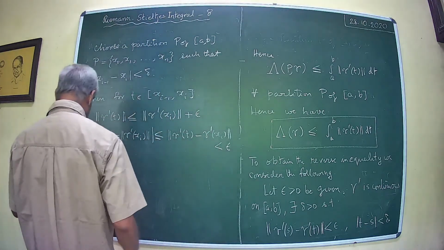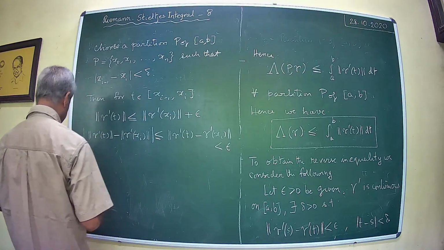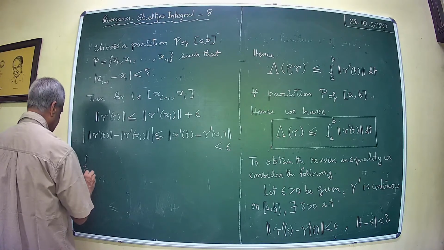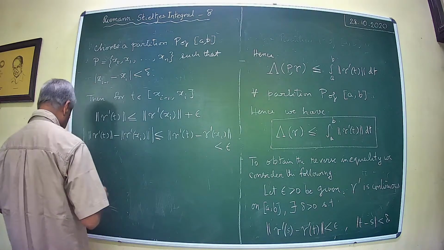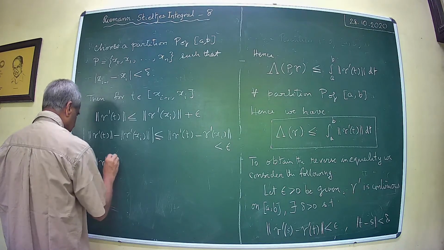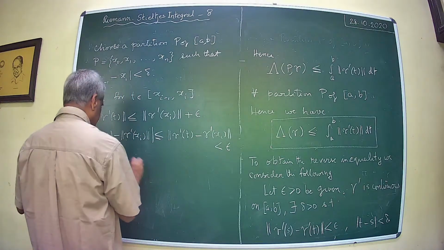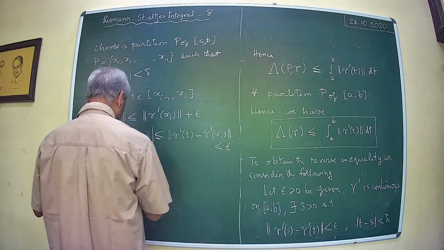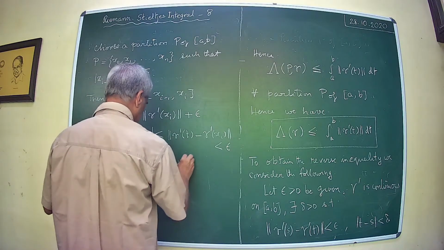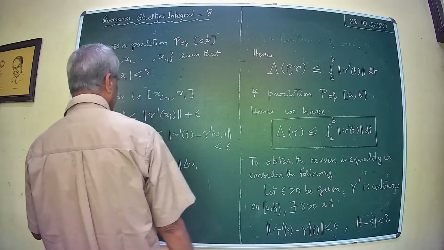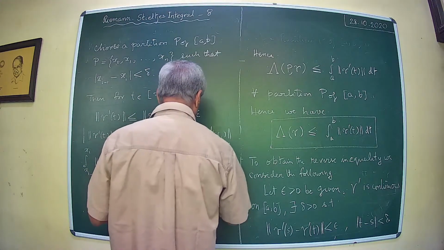Therefore, using this, you get the integral from xi minus 1 to xi, which is less than or equal to the norm of gamma prime xi delta xi plus epsilon into delta xi.